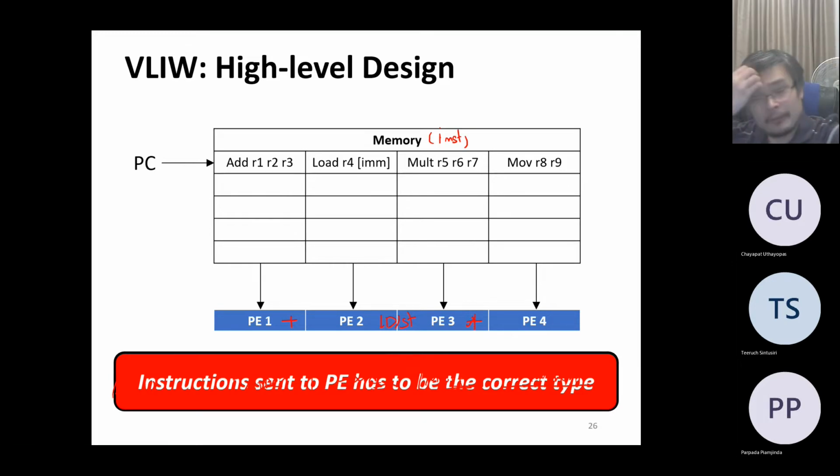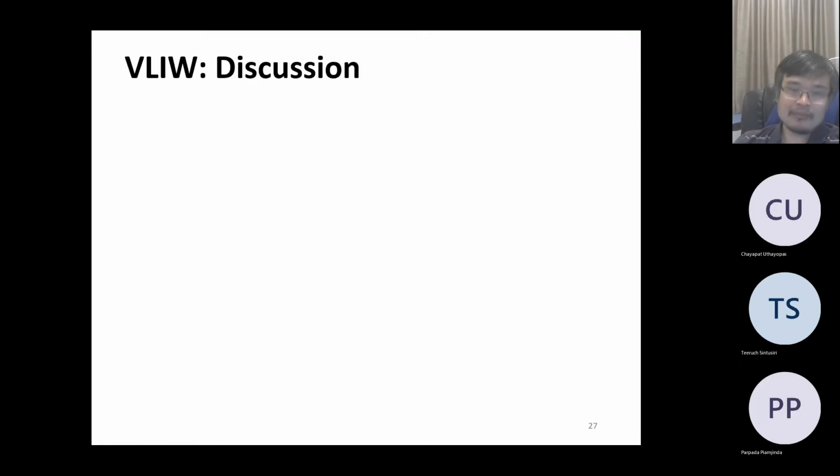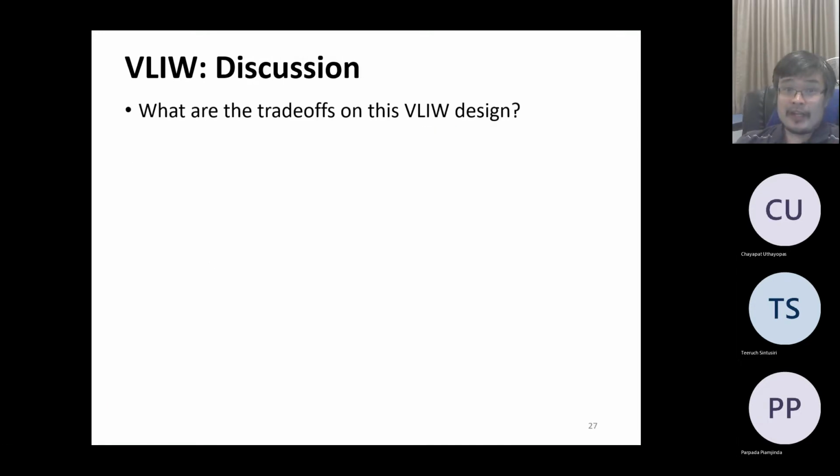For those of you who've been working on a GPU so far, you might have seen something familiar here under the notion of SIMD or SIMT, right? But this is generally kind of the same concept. The discussion with VLIW is the trade-off: you can now use every single ALU if your program allows you to fit everything in.